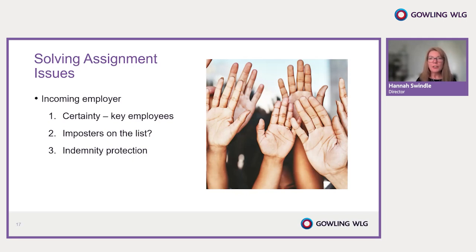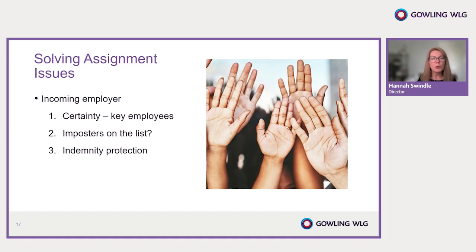Suggested ways to try to challenge this would first be to ask for more information. In the first instance, as an incoming employer, you'd be asking for this from the customer, or you might be able to have a dialogue with the outgoing employer. You'd ask about the work that the employees are doing, ask for details about the proportion of time that they spend on other contracts, try and obtain some more details about what their contracts of employment say, and also the start date on which they became dedicated to these particular services.